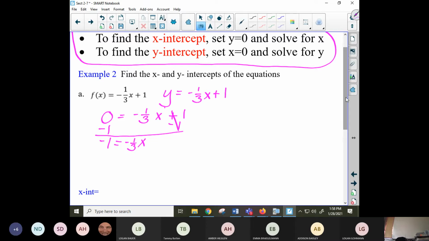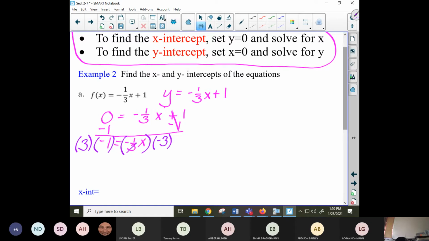When I have a fraction in front of the x like that, I multiply by its reciprocal on both sides. Do you know what the reciprocal of -1/3 is? It's not the negative reciprocal like when we did slope. It would always have the same sign. So if this one is -1/3, the reciprocal would be -3. Here your negatives go to positive.